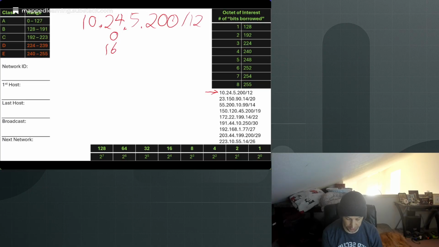No. Add 16 again, we get 32. Is 32 larger than 24? Yes. So what does that mean? Well, remember, the magic number tells us where the next network starts. So 24 does not belong to the 32 network. It belongs to the 16 network.